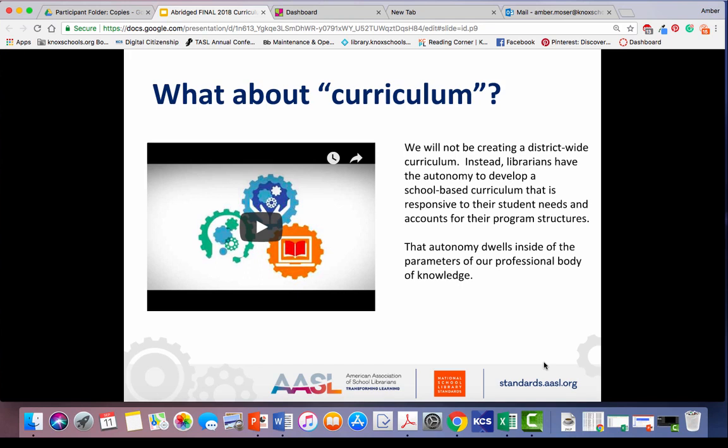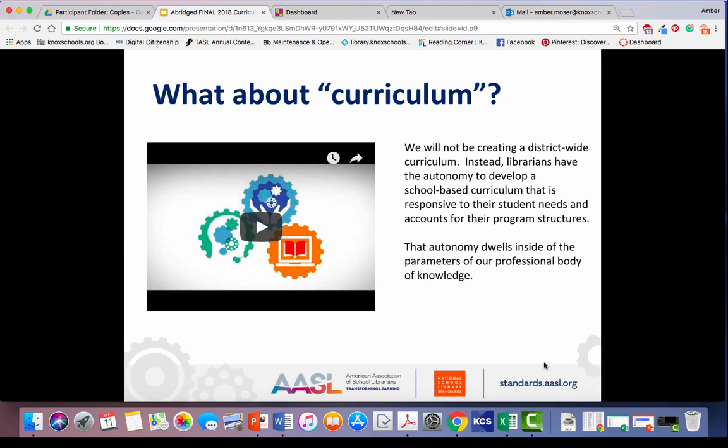A standard is an eventual learning outcome for students. The objective is the small step that you're taking towards that standard in any given lesson. And your curriculum is how you arrange those standards and objectives to complete a robust program.